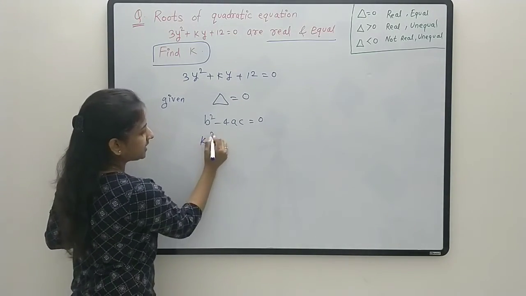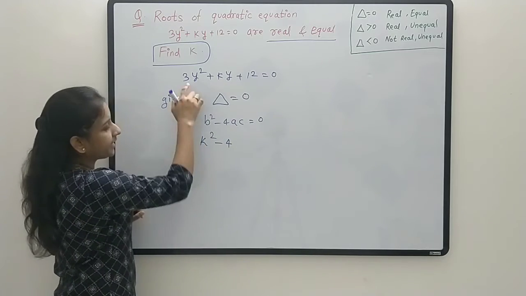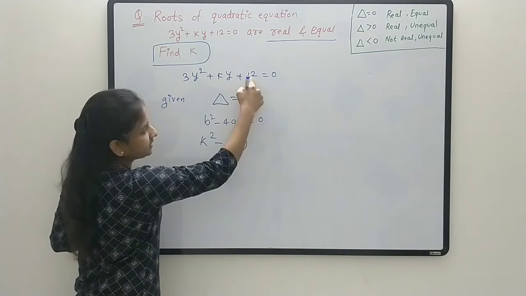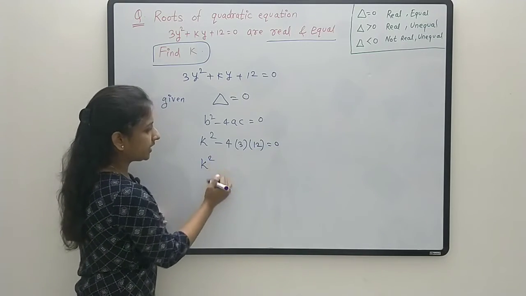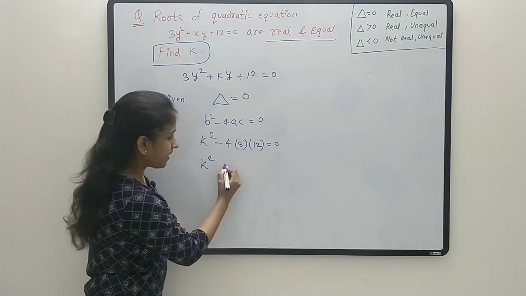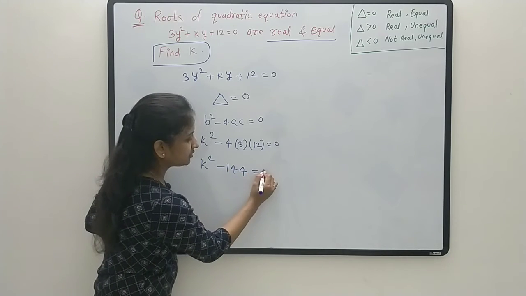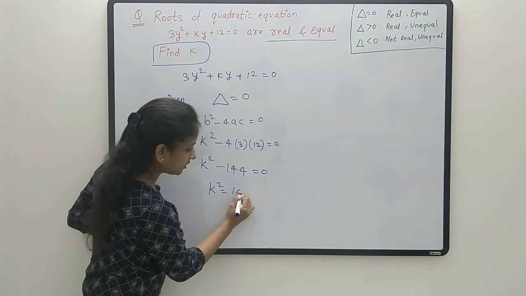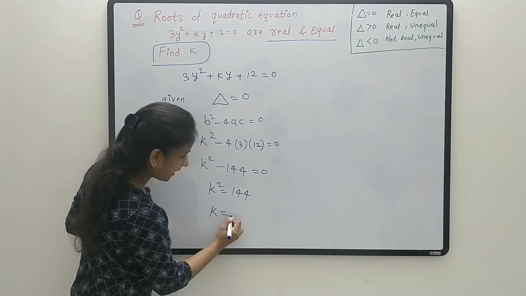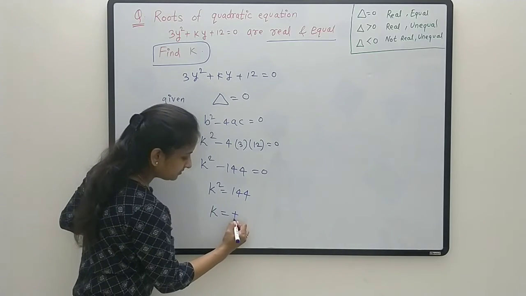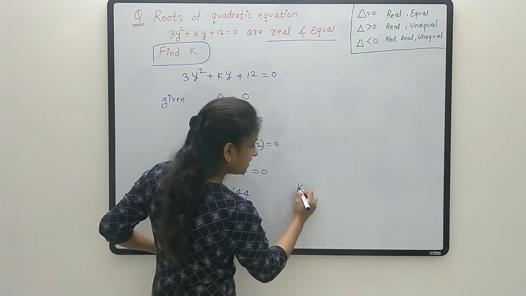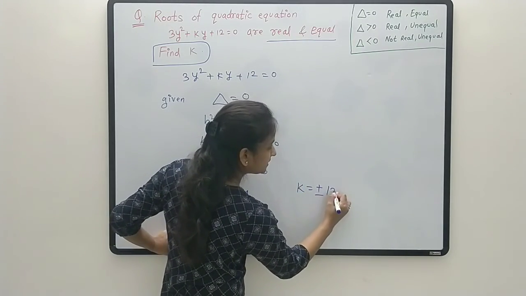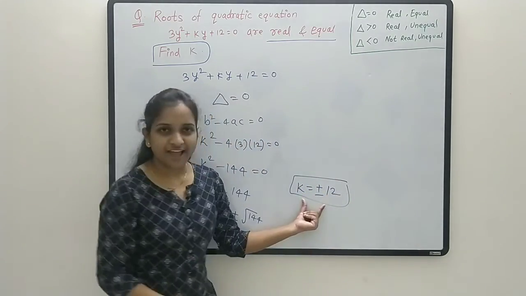It is k. So k square minus 4 into a into c is equal to 0. That means k square minus 12 into 12, 144, is equal to 0. So k square is 144. So what is the value of k? Taking the square root, we get plus or minus 12. So k is plus or minus 12. This is the value of k.